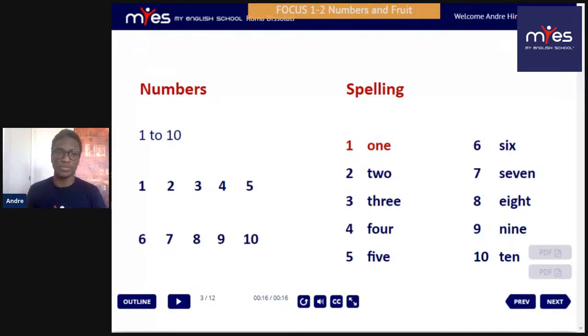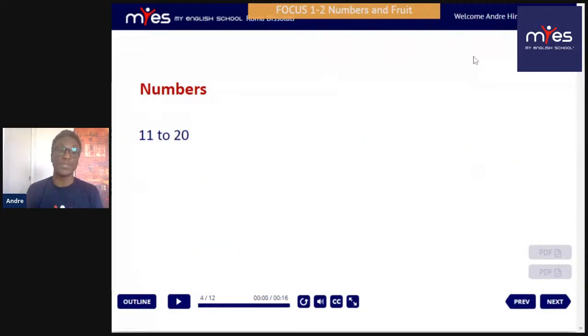So those are the numbers from 1 to 10. Now, let's move on to other numbers. We've got numbers 11 to 20. These might be a little more difficult because they are larger numbers. So let's look at the numbers 11 to 20.